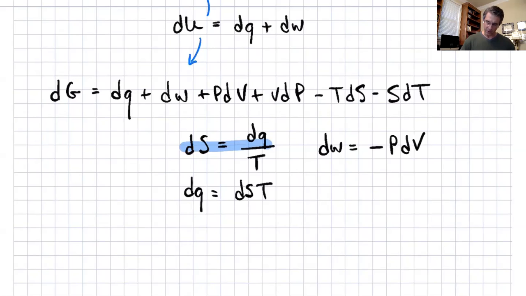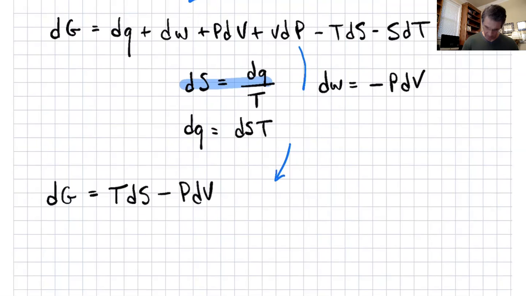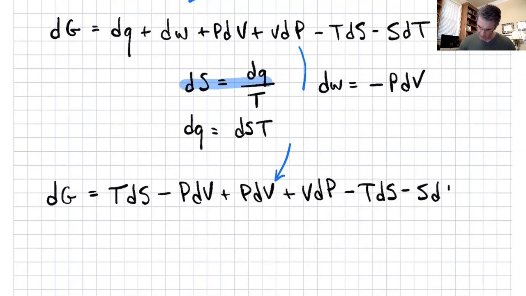Well, we can now take both of those expressions, substitute them in, and get a new expression for this big, long differential of the Gibbs work function: dG equals TdS minus PdV plus PdV plus VdP minus TdS minus SdT. Now you hopefully can see what's about to happen here.